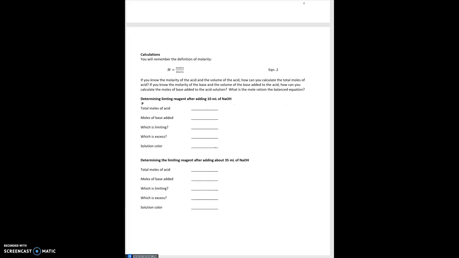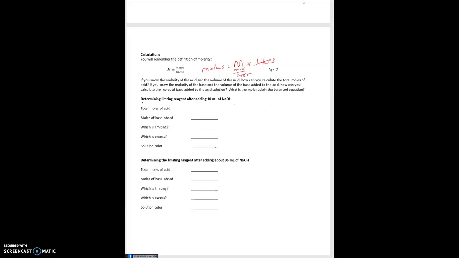Now, if you rearrange this equation, what you get is moles equals molarity times liters. Remember, molarity is moles per liter, so liters cancel out, leaving moles.